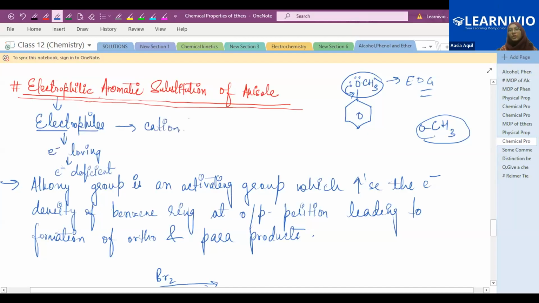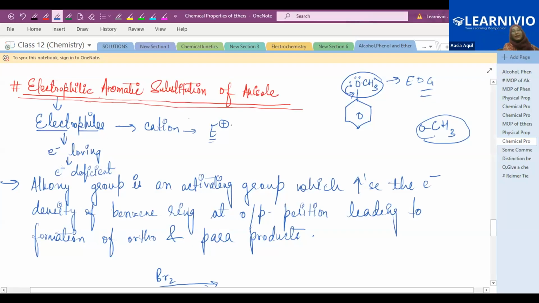What are cations? Positively charged. They are positively charged because they lack electrons, and the representation of the electrophile is capital E, and on it we show a positive charge like this. So this is the electrophile. Electrophiles are electron loving. And how do they love electrons? Because they have a deficiency of electrons, they lack electrons. Basically these are cations, and the charge is positive. Positive charge means there is a lack of electrons.